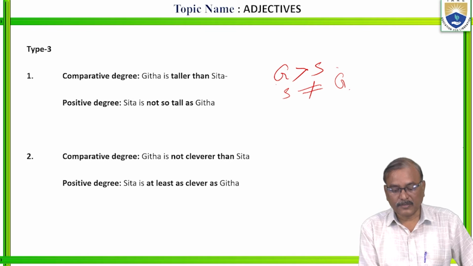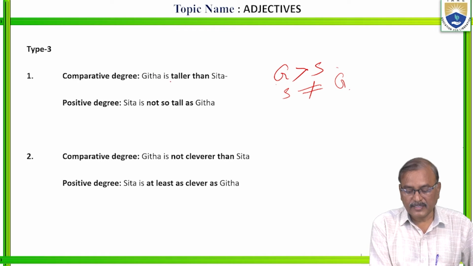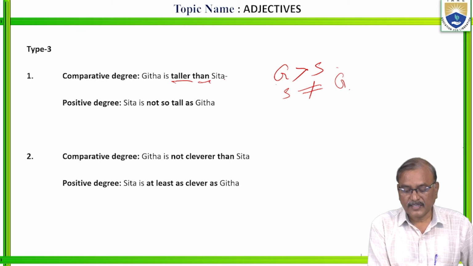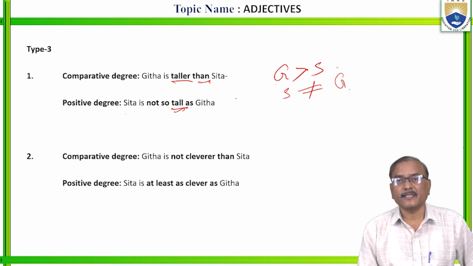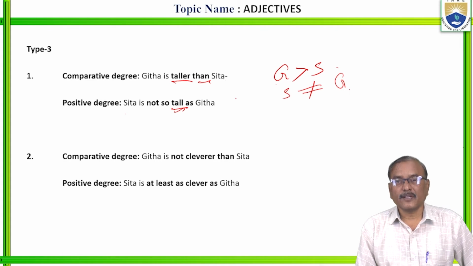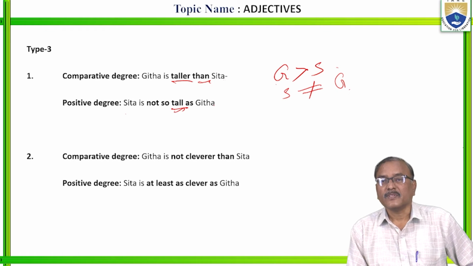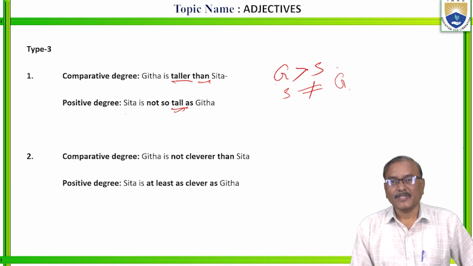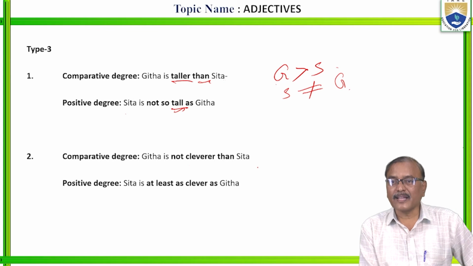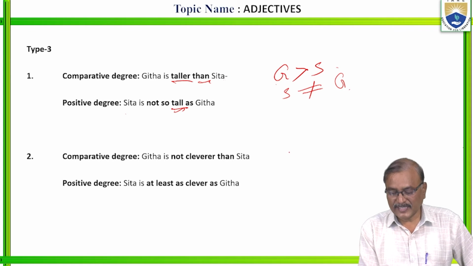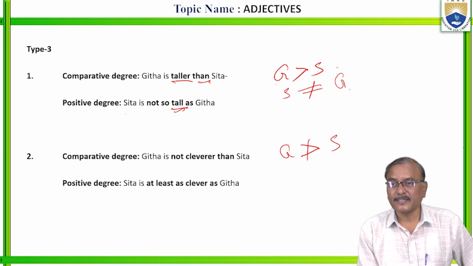You have to remember here. Geeta is taller than Sita, then Sita definitely will not be equal to Geeta. So keep here not so tall as Geeta. Next, in another way, Geeta is not cleverer than Sita.